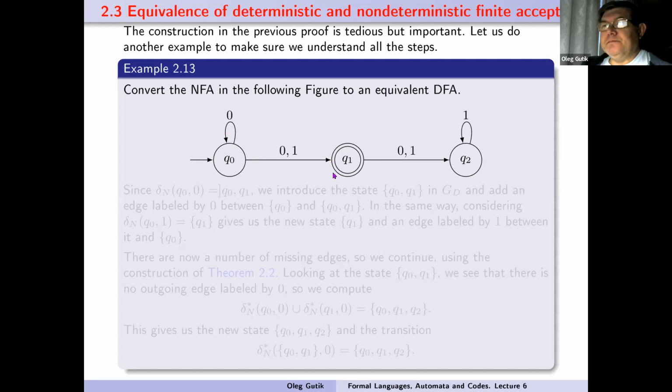We have a loop condition in the state Q0 and the state Q2. Since delta star N of Q0, 0 consists of the set of two elements Q0, Q1, it is correct.